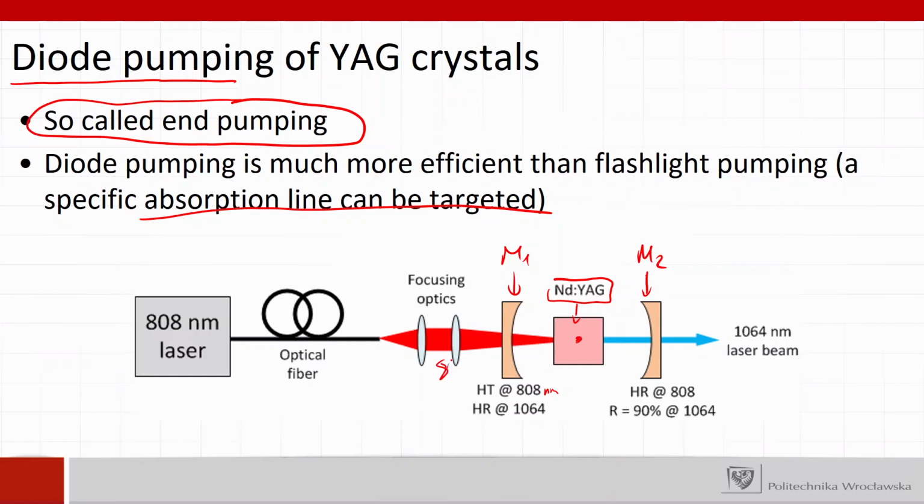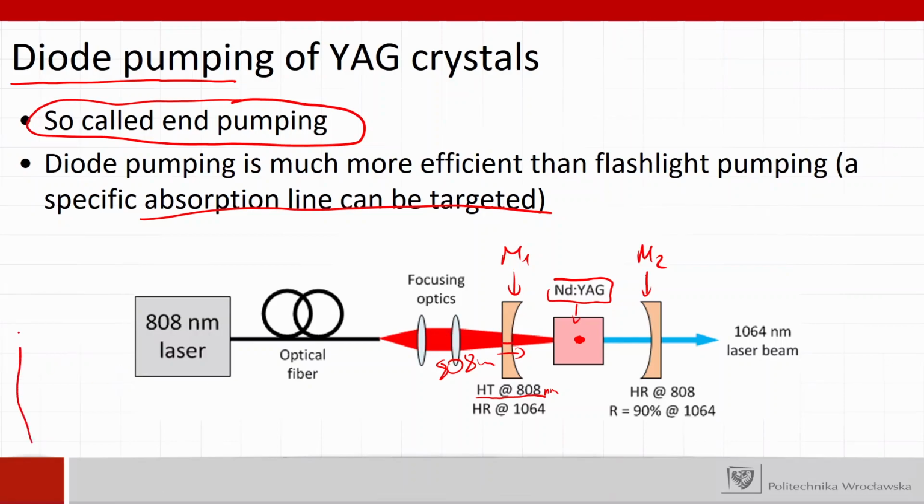The 808 nanometer light is easily transmitted through this mirror because we have this HT coating on the mirror.